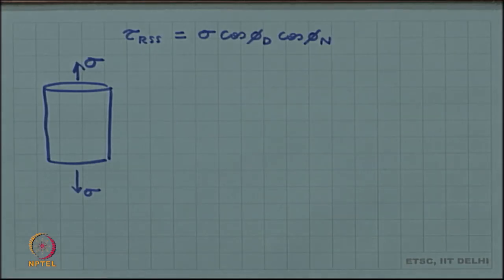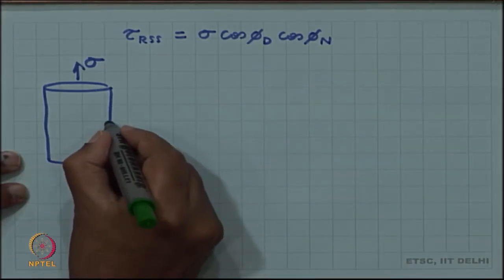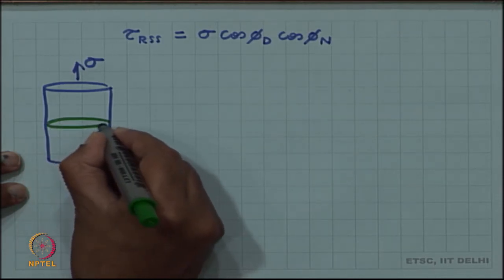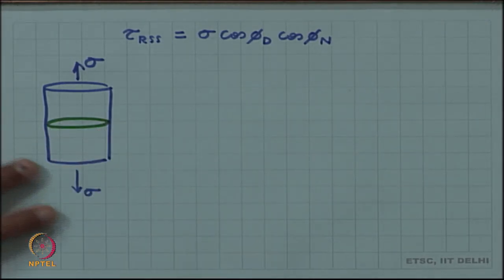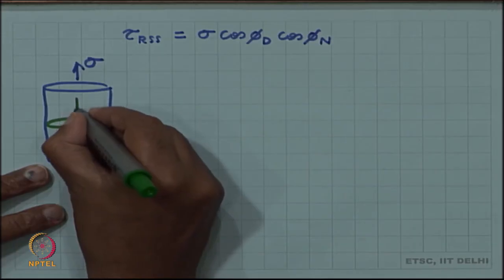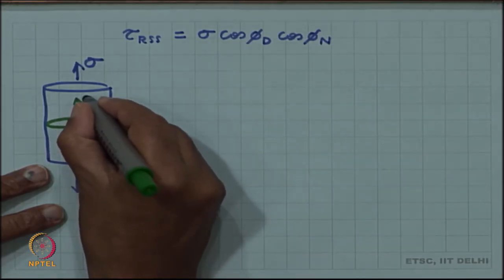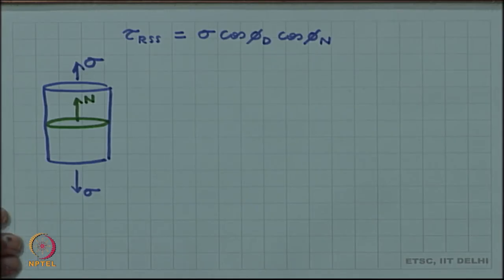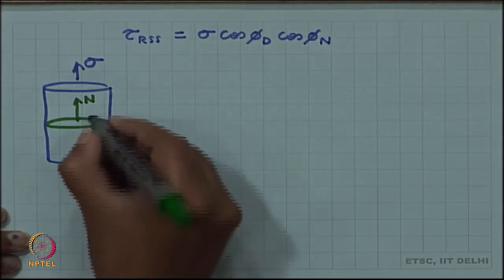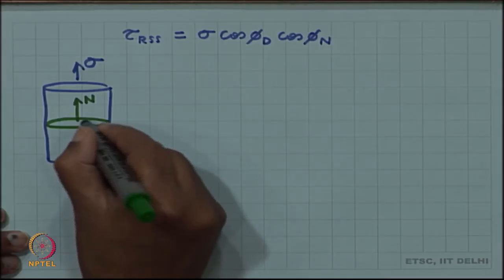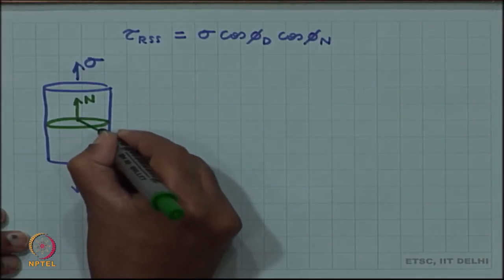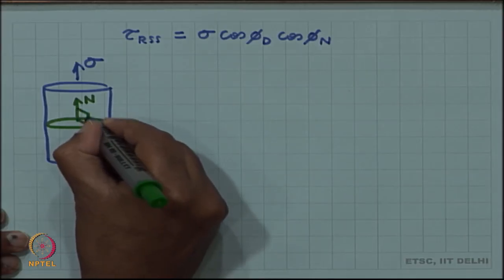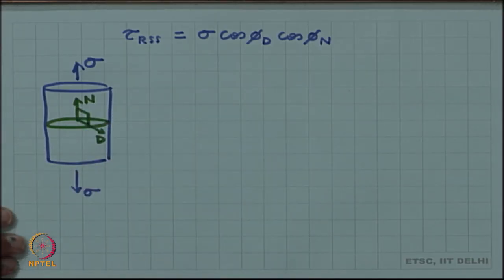Now, consider a plane which is normal to the stress axis. For this, the slip plane normal is along the stress axis. Which means any slip direction which you take will always make an angle of 90 degrees with the stress axis.